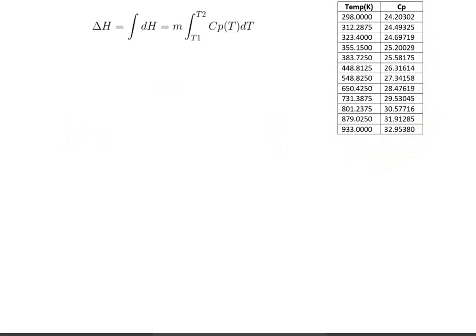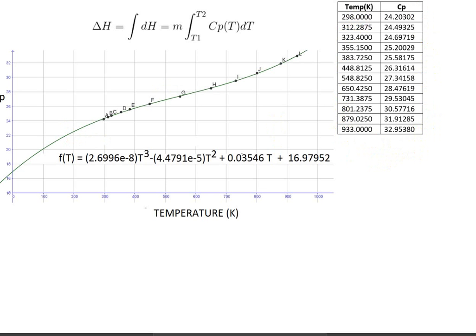And so I was able to, using some CAS software, you could either use GeoGebra, which is what I used here, or you might be able to use Excel to do the same thing. But I was able to both plot the data points and then turn around and fit a polynomial through them. And the reason I chose a polynomial is that it fits pretty well and it's very easy to integrate.